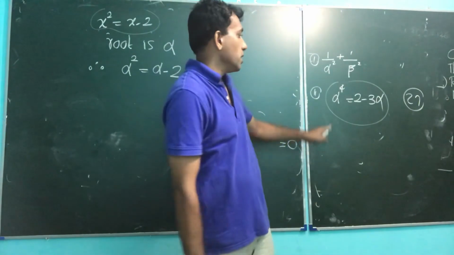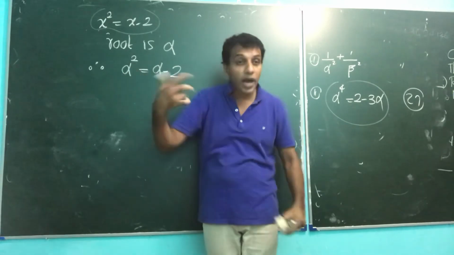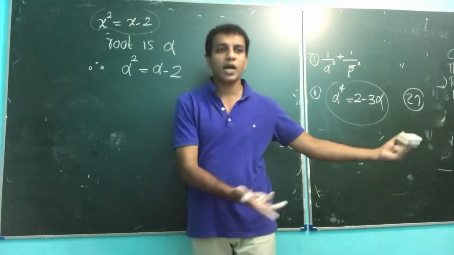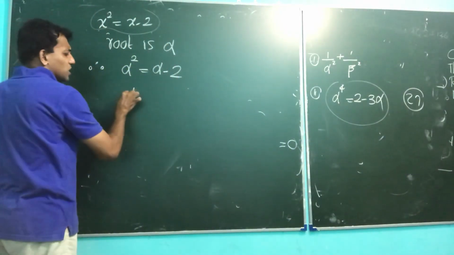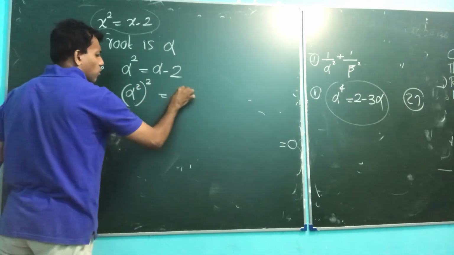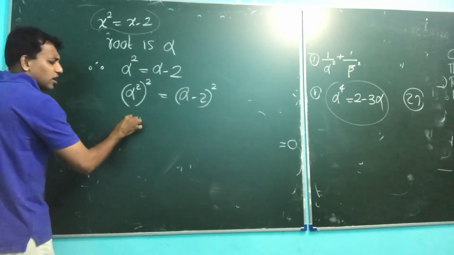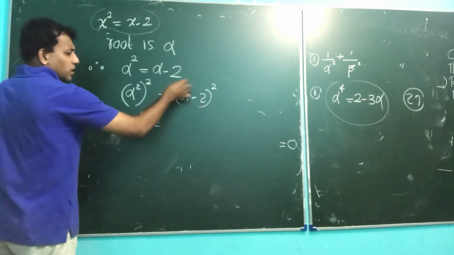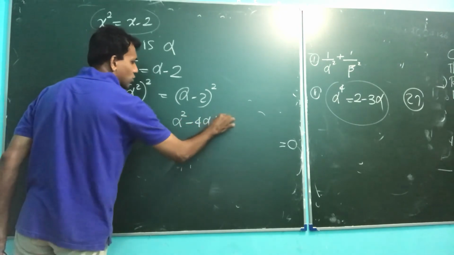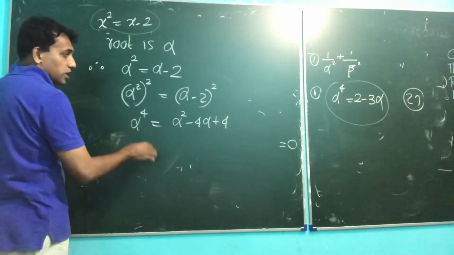Okay, now see alpha power 4. What do you mean by power 4? Square it. If we square, it is possible to get alpha power 4. Square both sides. First time reading, so I am showing that. For both sides, square it. So this is alpha power 4, equals alpha square minus 4 alpha plus 4. Now check with the answer.